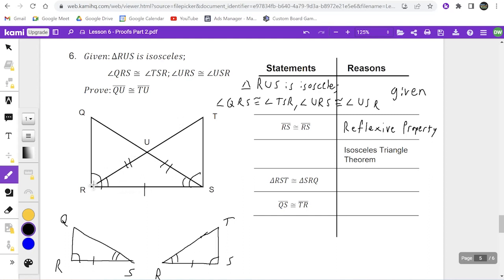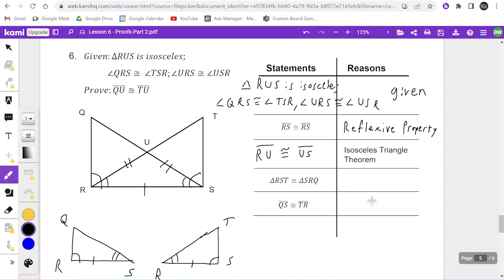And I'm not saying the whole side, I'm just saying RU and US. RU must be congruent to US, and the reason why is because of the isosceles triangle theorem.